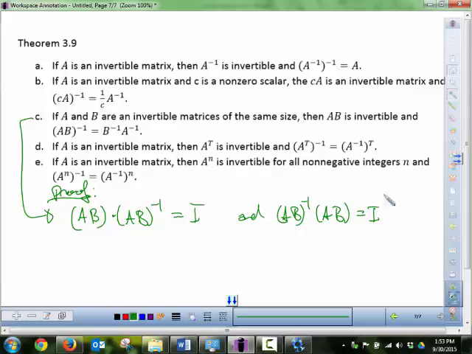So let's see. A and B are both supposed to be invertible, right? So I could go from here and say A times B times AB inverse is equal to I. So I lifted the parentheses.